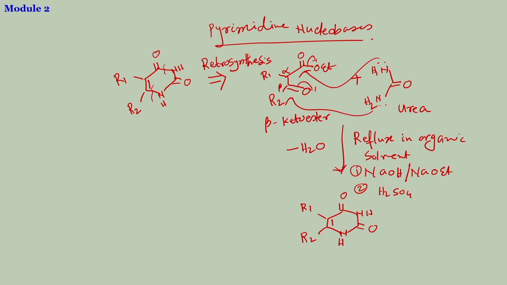And this is very much the methodology or technique that industries or pharmaceutical companies use to synthesize a variety of the pyrimidine compounds, pyrimidine nucleobase derivatives, on a large scale.